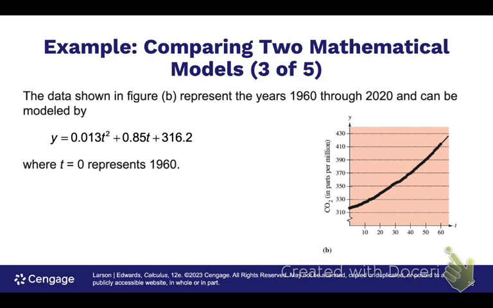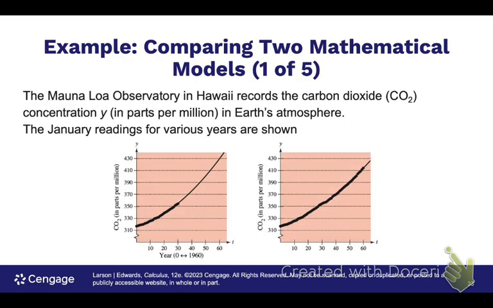Okay, now wait a second. This tells me what B did. B represents the years 1960 to 2020. So the second graph, let's go back. They should have put that down here, shouldn't they? So this was 1960 to 2020. At first I just thought they zoomed in, but they didn't.